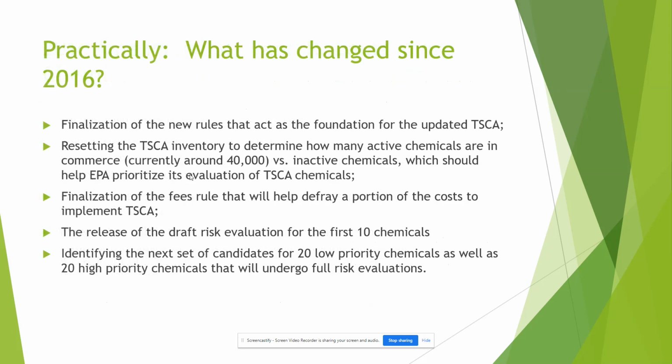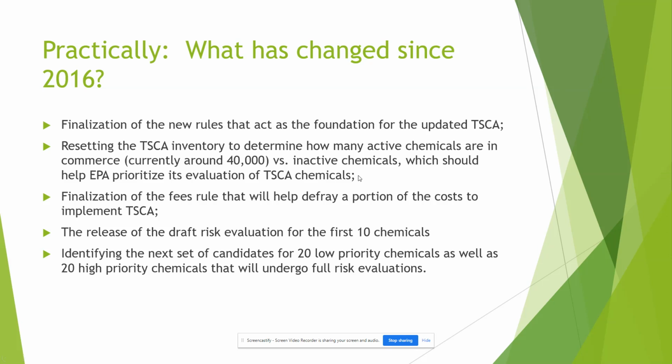So really, what has happened since 2016? They finalized the new rules. They reset the TSCA inventory. Now it says 40,000. I saw 68,000. So I don't know what the truth is there. There's some inactive on that one, so that's why.